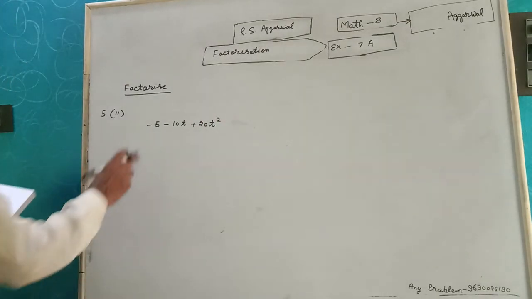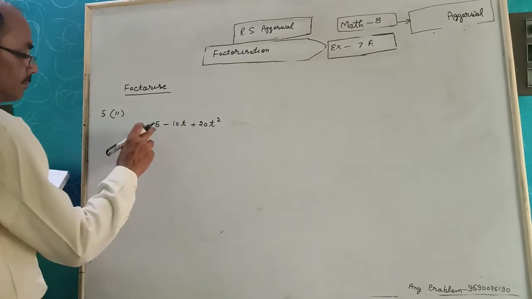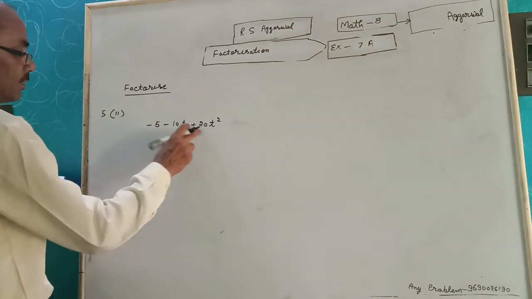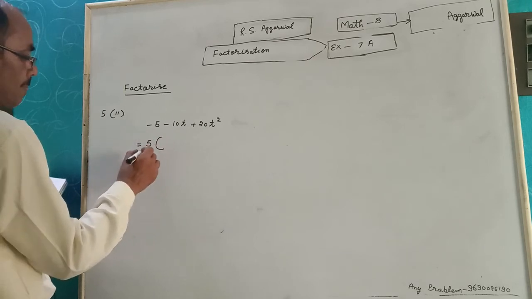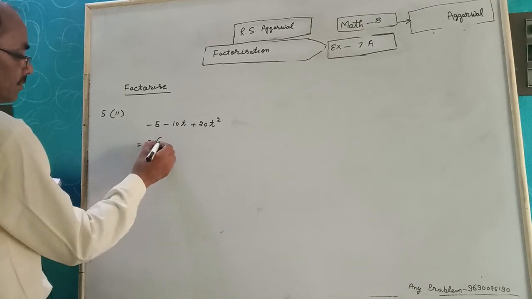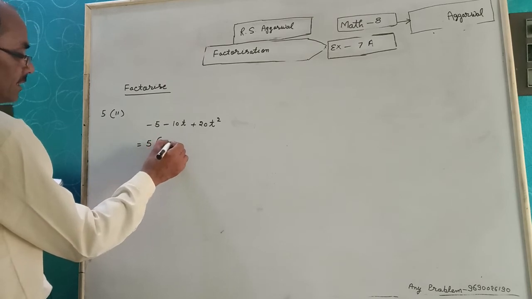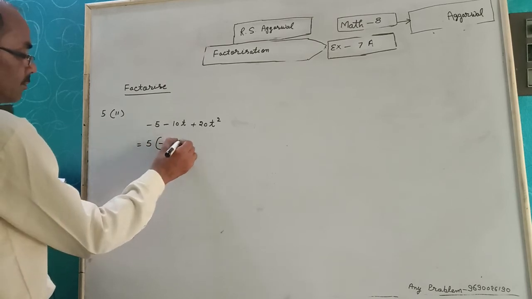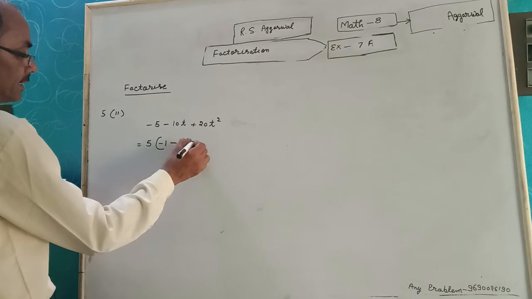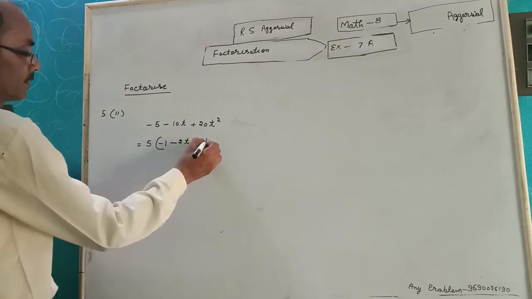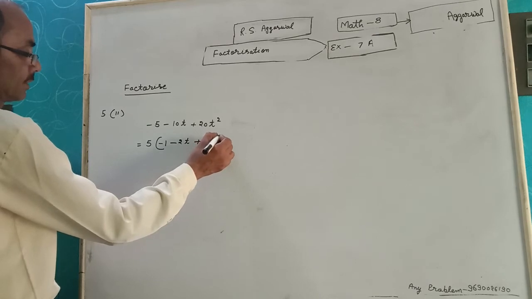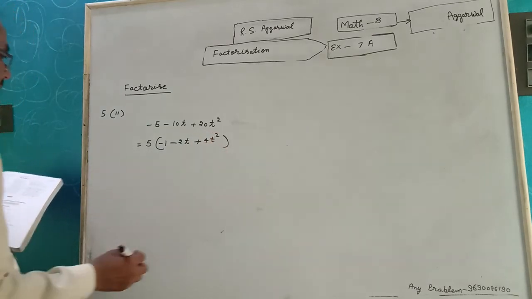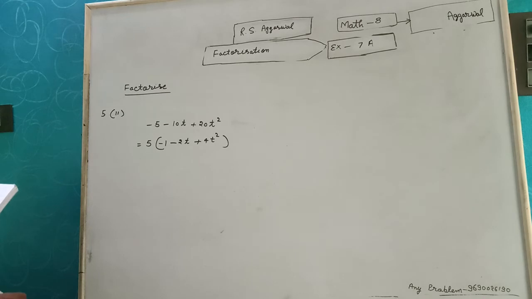Common in the 3 terms, 5, 10 and 20, will be 5. After dividing, 5 times 1 is 5, minus 1, minus 5 times 2 is 10, 2t plus 5 times 4 is 20, t square will be the factor.